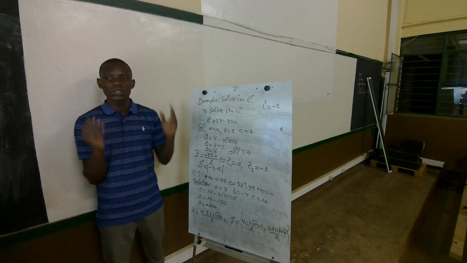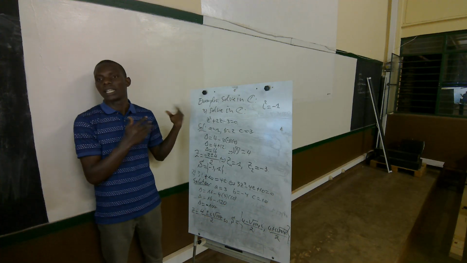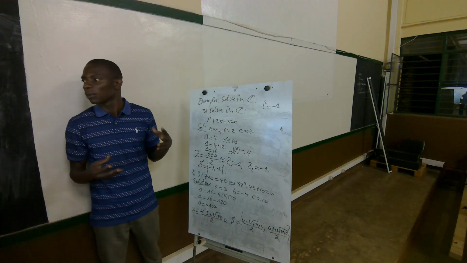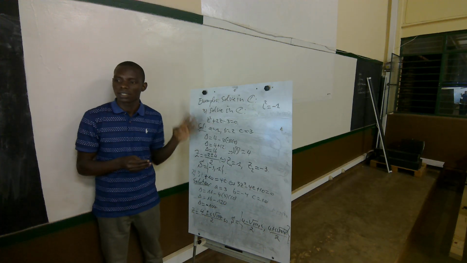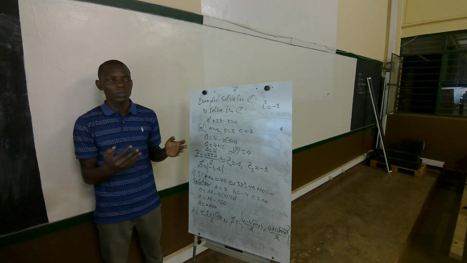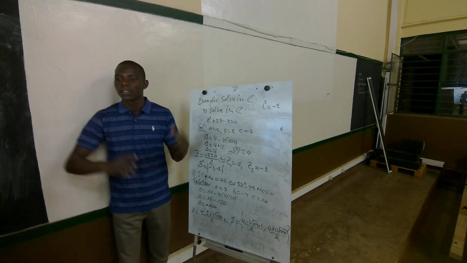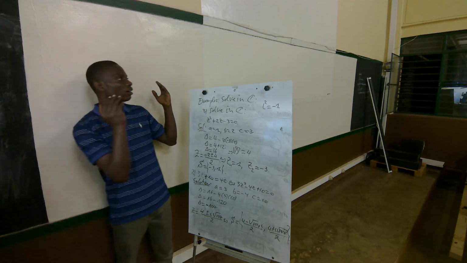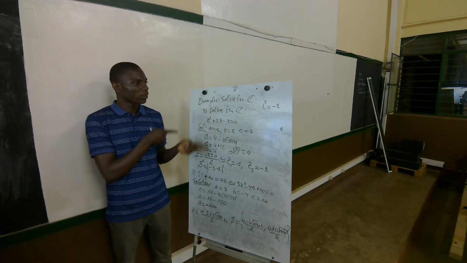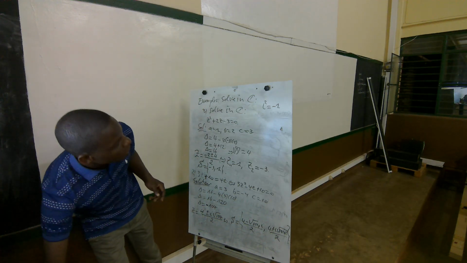The way we solve those equations in the set of real numbers is the same way we solve them in the set of complex numbers. The way we use factorization, the way we use synthetic division, we apply them in the case of complex numbers.